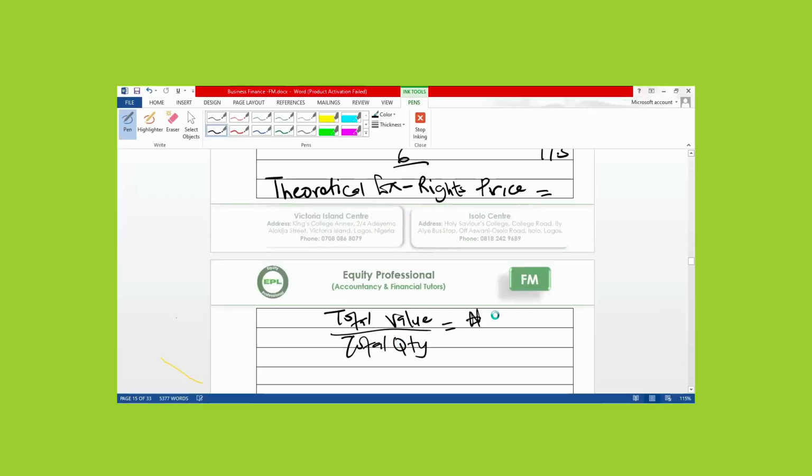That is 17.5 divided by 6. Please work this out. What do you have? 2 naira 92 kobo. 2.92. Yeah, thank you.